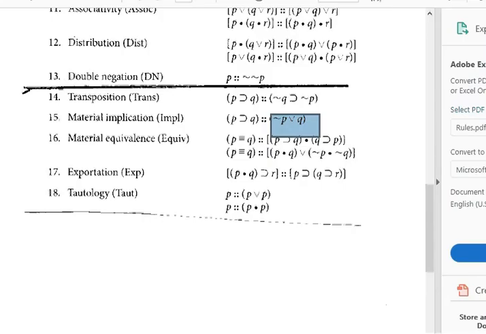Except we have it as our not U or P, right? So how do we make that into basically our if P then Q?